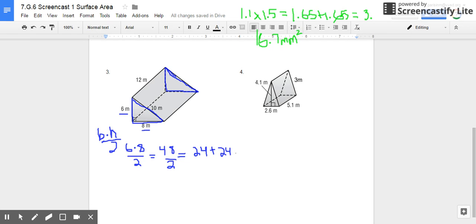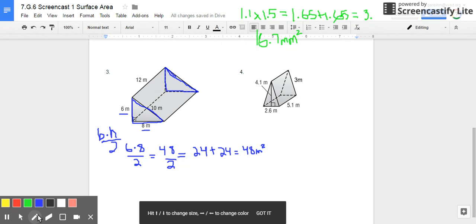So 24 plus 24 is going to give us 48, and that's going to be our meters. I'll write in meters squared. If you notice, we did 6 times 8 divided by 2, which we got 24. But since we do have 2 triangles, if we didn't divide by the 2 and just did 6 times 8, that would give us the area of both triangles.